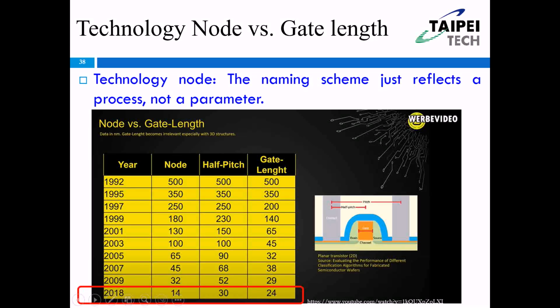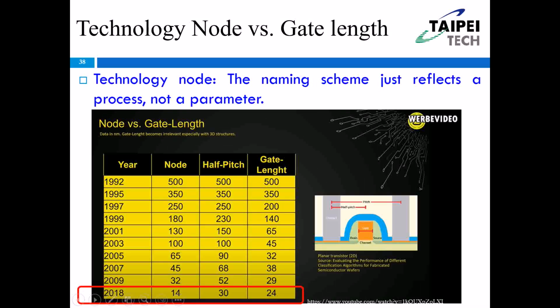Because it's very difficult to scale down the gate length and maintain the low leakage current. It's kind of impossible to maintain the low leakage current and also have the smaller gate length. So that's the reason gate length is larger, okay?